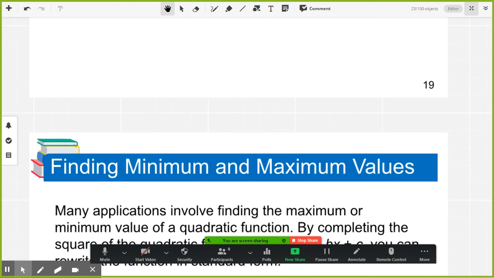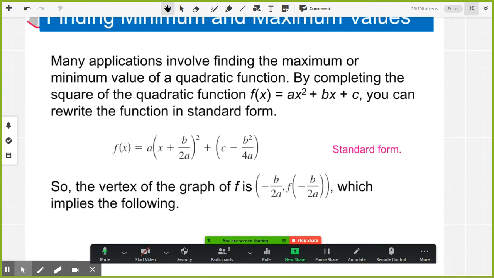Okay? They are going to introduce you to one other way. Actually, they're going to introduce you to a way you can find the vertex based off the general form of ax squared plus bx plus c.